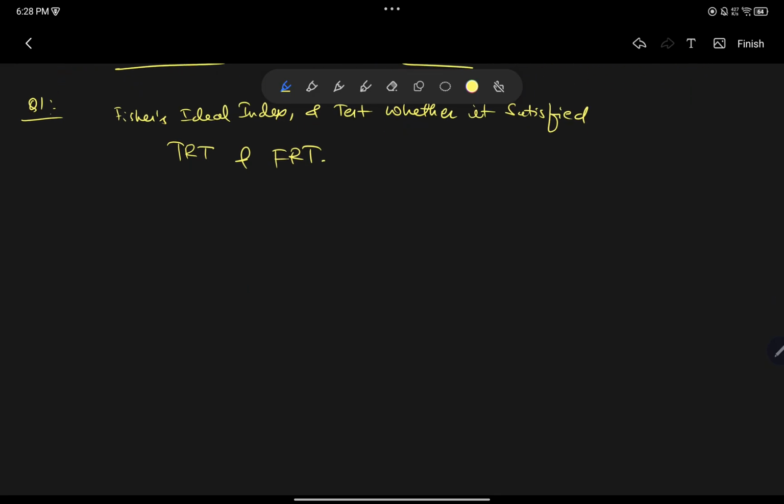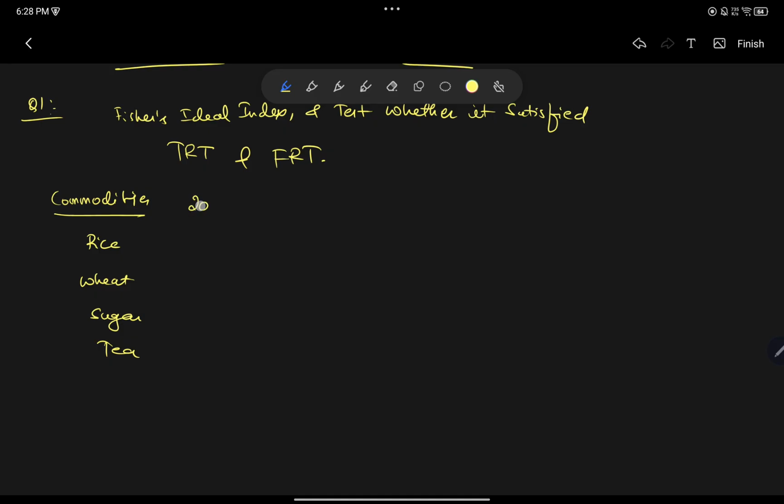The question is like, commodities are given, okay, like rice, wheat, sugar, tea.